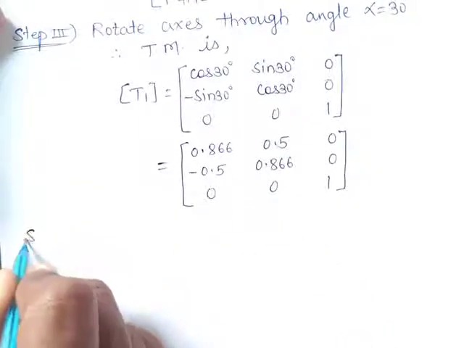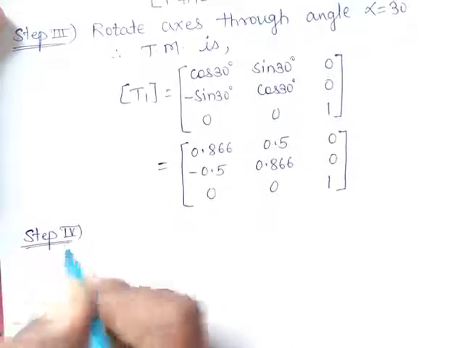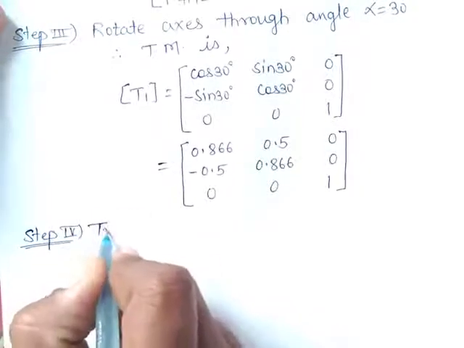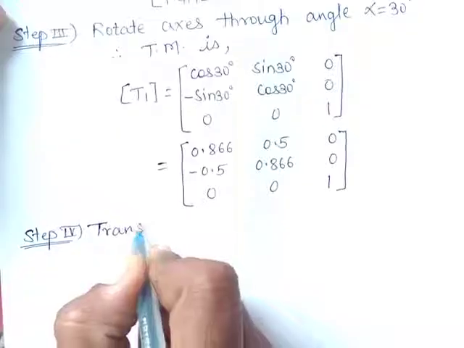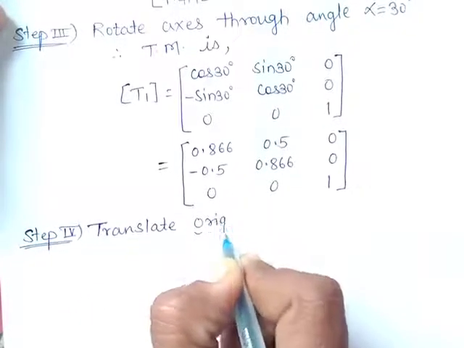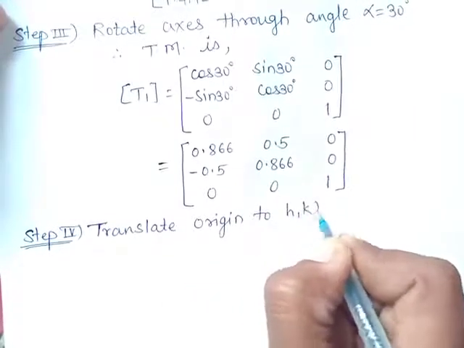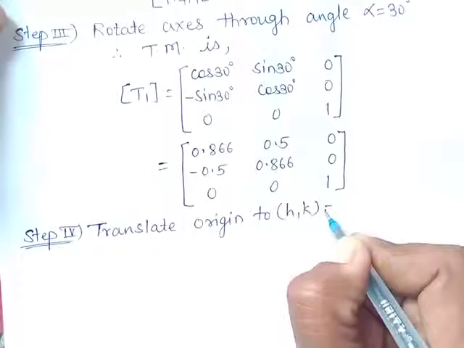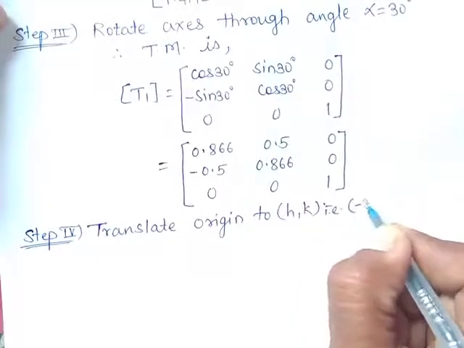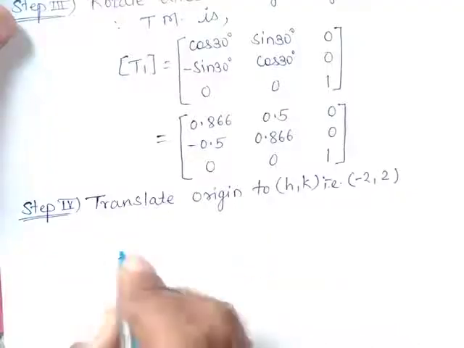Now step 4. Step 4 says we have to translate the origin to HK. Here HK are minus 2, 2.